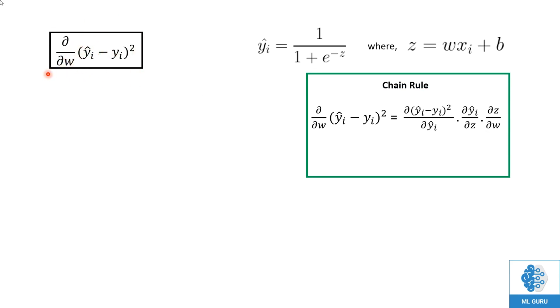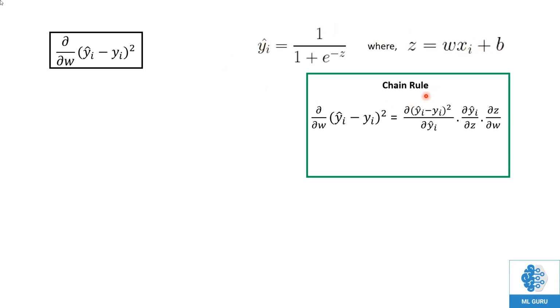Now this term depends on your yi hat. So I have written the formula of yi hat, which in turn depends on your weighted sum, which I am denoting by z. Your z is nothing but the weighted sum of your inputs, which is w times xi plus b.